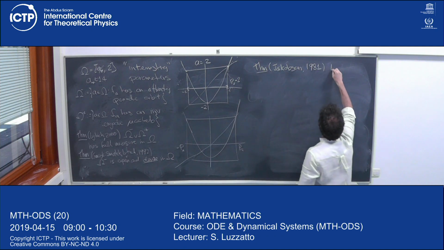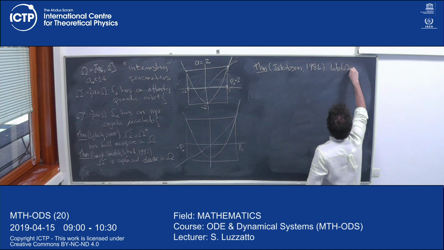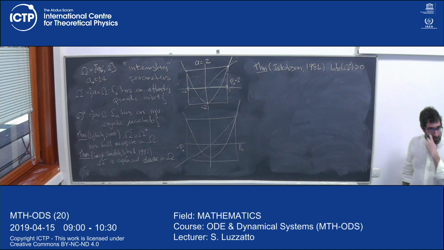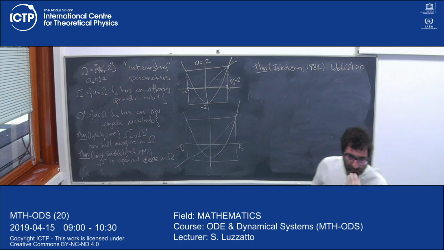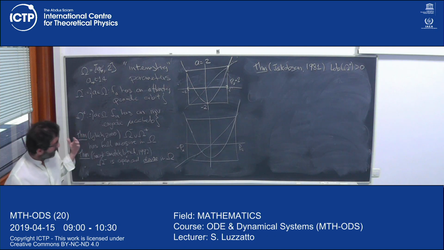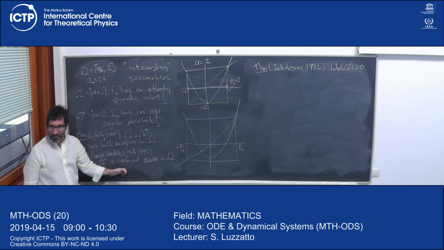What he showed is that the Lebesgue measure of omega plus is positive. It's not exactly a Cantor set, but it's contained in a Cantor set and it has positive measure, because it's in the complement of an open and dense subset, so it's nowhere dense. Omega plus.